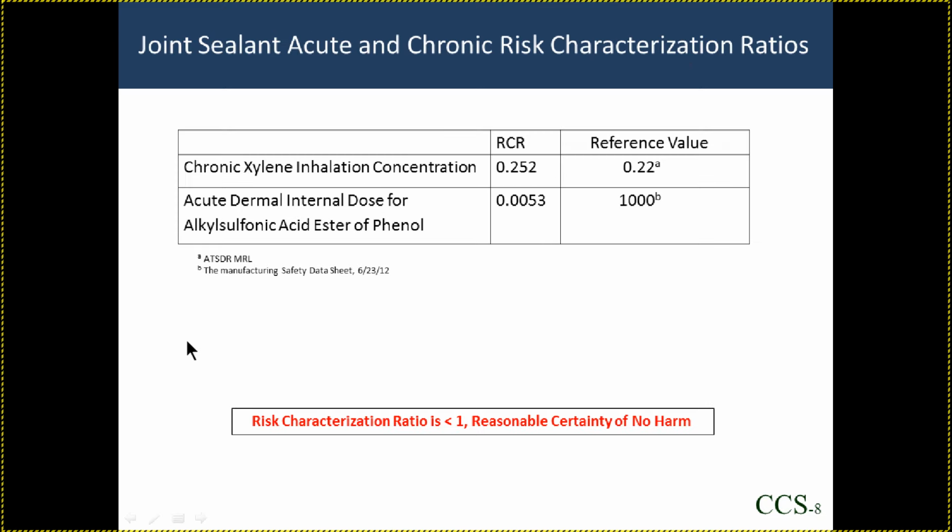These are the values here for both xylene and the esterophenol, and you can see the RCR in the middle there. Both of those are significantly less than 1 based upon the reference values that we selected for the no effect levels. And the risk characterization ratio then indicates that there is reasonable certainty of no harm from this. So in these modules, they calculate risk as yes or no.